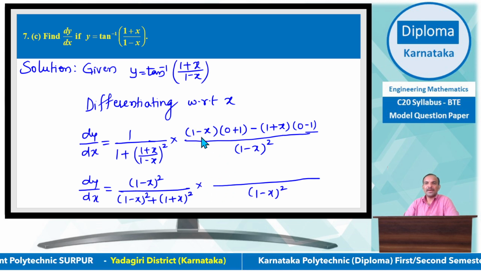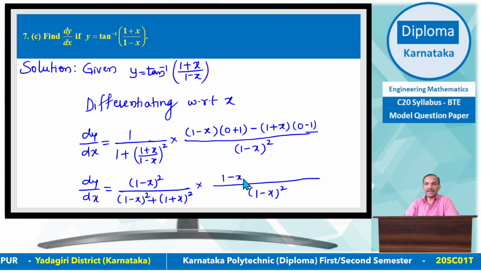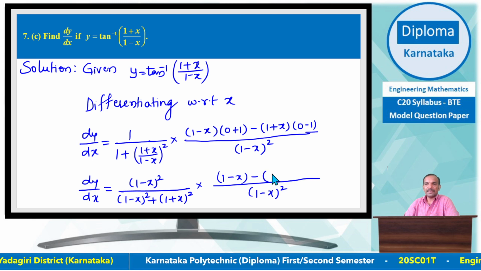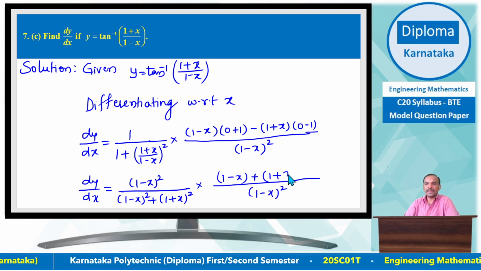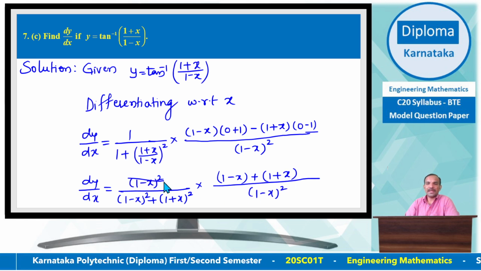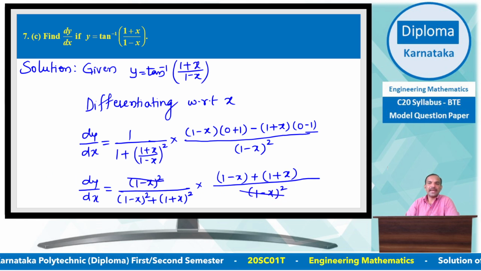Now this becomes (1 minus x) into (1 minus x) minus (minus 1) into (minus), that is plus, (1 plus x). (1 minus x) whole square, the (1 minus x) whole square cancels.